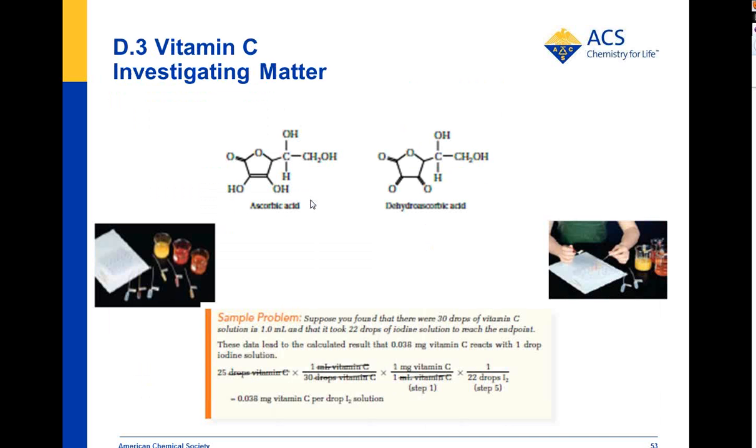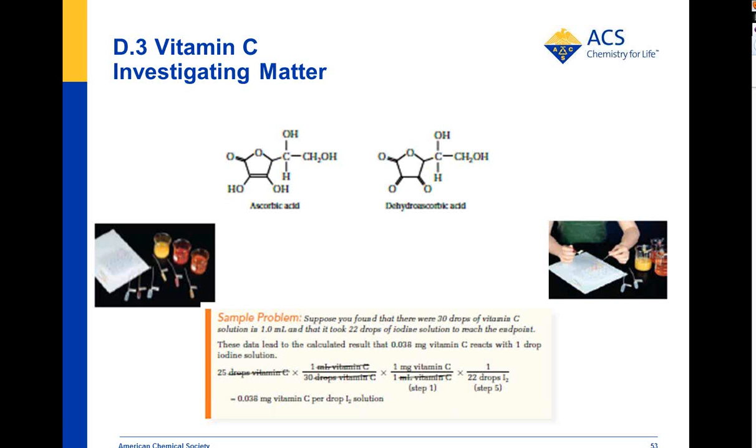First of all, the first thing they do is they set up a standard. So they're using 25 drops of the vitamin C, and then they need to titrate to find out how many drops there are in a milliliter. So they need a small graduated cylinder, a 10 milliliter one is good, and then just find out, using some water, how many drops from their Beral pipette will be equal to a milliliter.